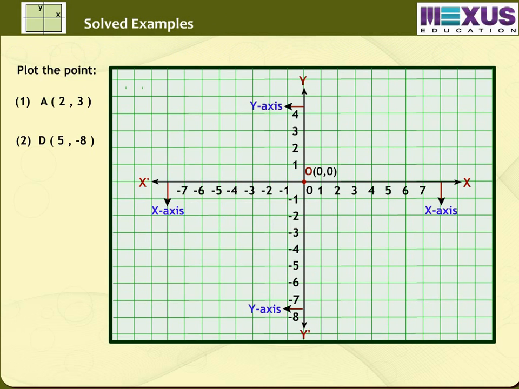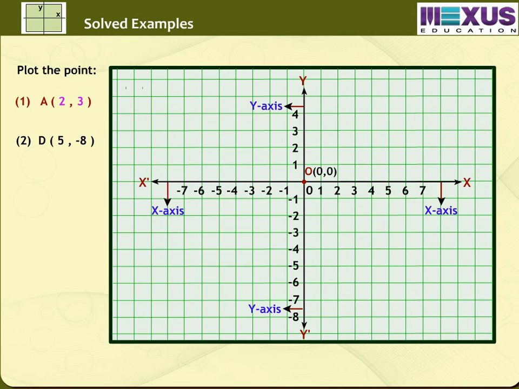Plot the points on a graph: A (2, 3) and D (5, -8). Here the x-coordinate of the point A is 2, which is positive, and the y-coordinate of A is 3, which is also positive.